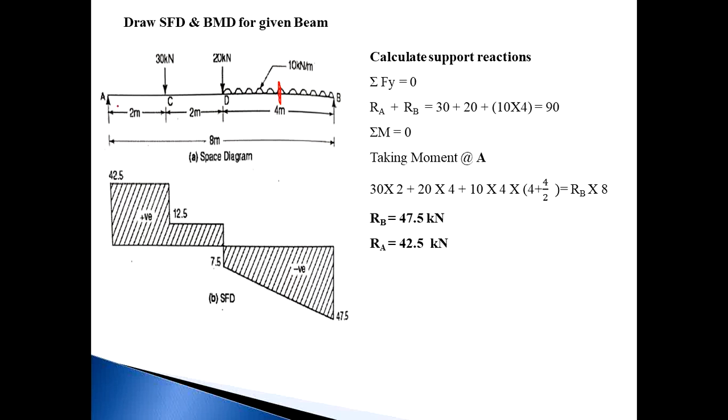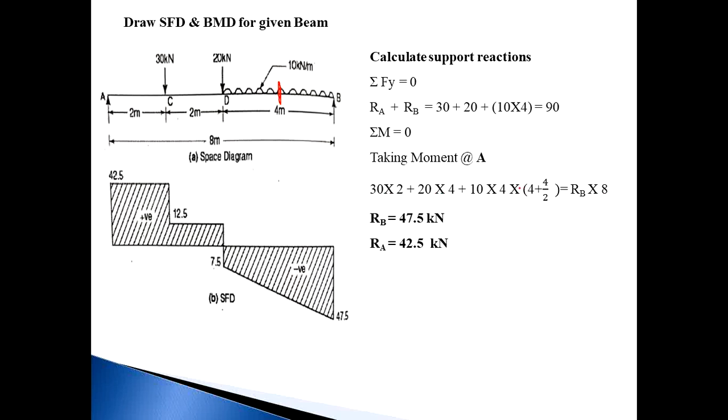From point A, the distance to this point is AD, that is 2 plus 2, 4, plus half of BD, so 4 plus 4 by 2. This is equal to RB into 8, the span of the beam.